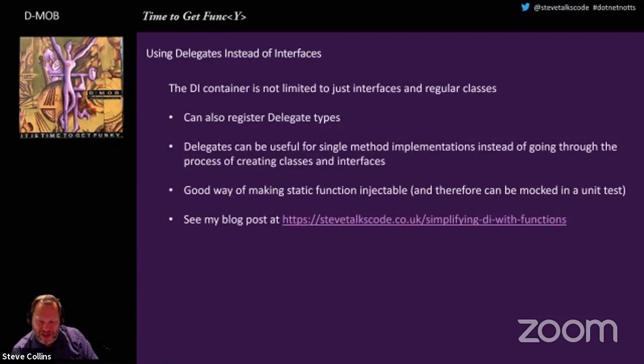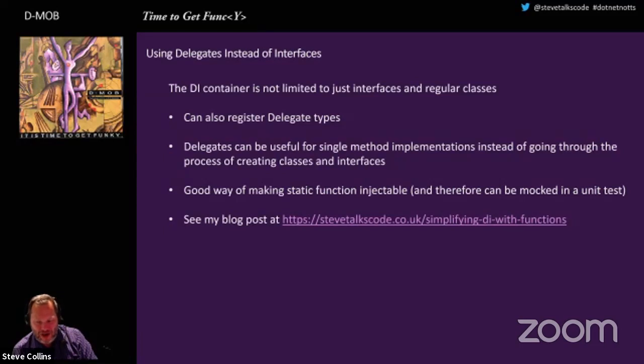But the key takeaways from it, as far as I'm concerned, are that there's two things you can do. It opens up the possibility of having named or keyed registrations. And it also gives you a way of hiding static functions by making them injectable.